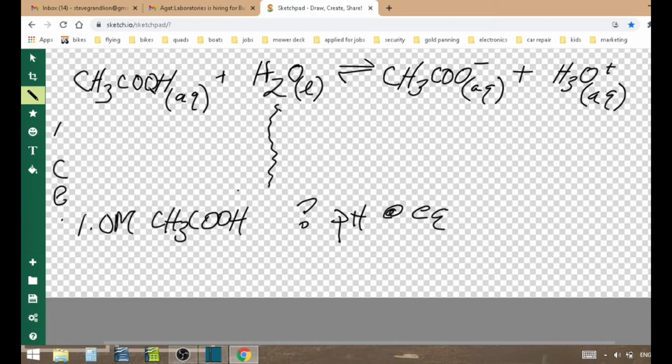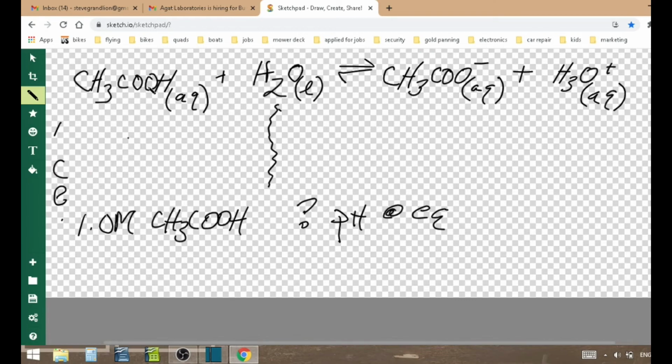Well, to approach this, we consider what are the starting conditions, what are the final conditions, and we also consider what is the change. So the initial conditions, that's what this I stands for in an ice table. C stands for change, and E stands for your equilibrium state, or how things are once it all reaches equilibrium.